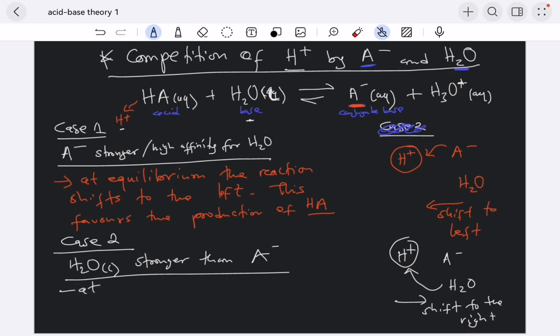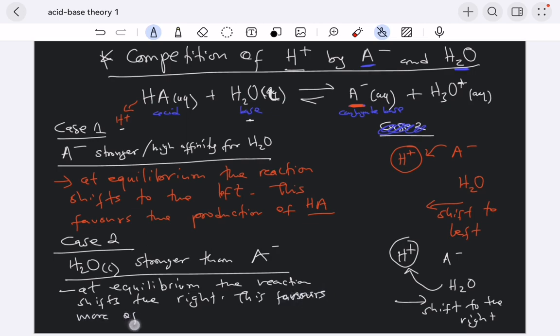So we'll say at equilibrium, in this case, the reaction shifts to the right. This favors more of the ions, meaning more of this and hydronium will be produced.